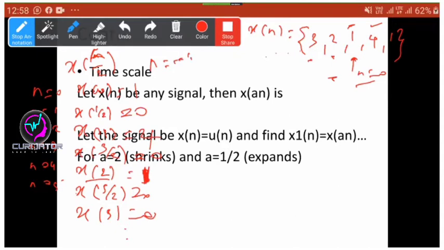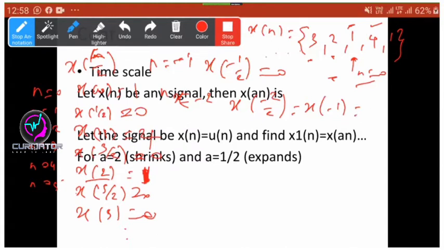So for n equal to minus 1, x of minus 1 by 2 is 0, because we don't have values in between 0 and n equal to minus 1. Now for n equal to minus 2, x of minus 2 by 2 is equal to x of minus 1, that is 2.